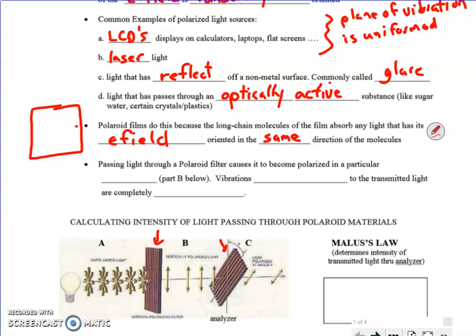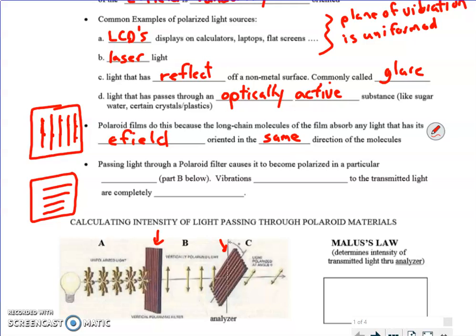Generally, when we represent a Polaroid material on paper, we represent it as they almost look like slits. Either they're oriented vertically or they can be oriented horizontally. They're not slits. These would represent those long chains of organic molecules usually.